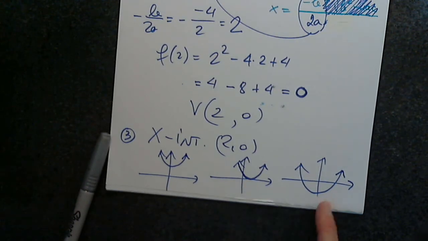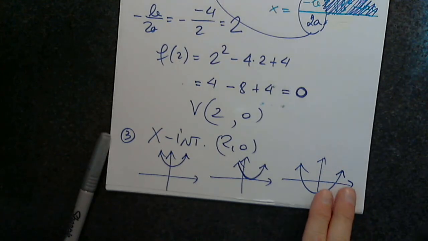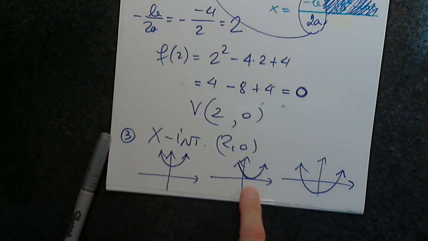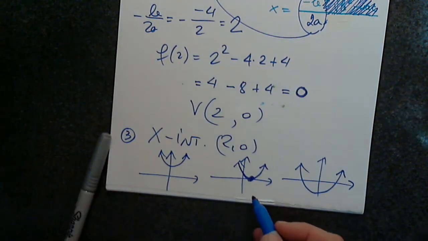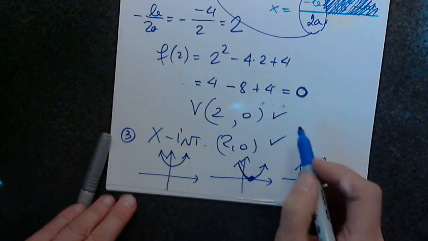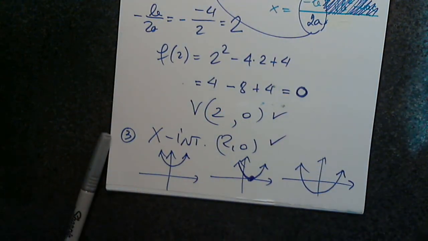Perfect. How many here? And we have to use one more word. 2 distinct. 2 distinct, 1 which must be the vertex. If that's the case, it's not only the x-intercept, but the vertex.